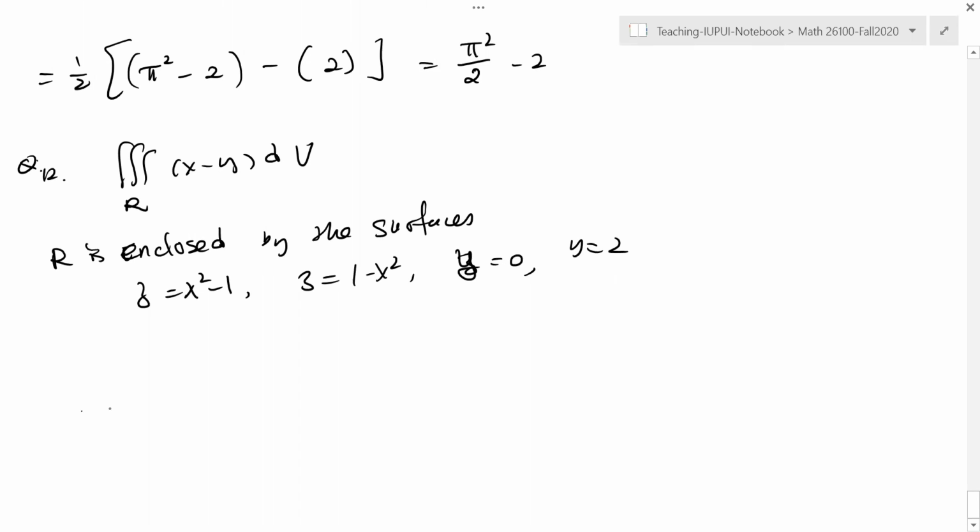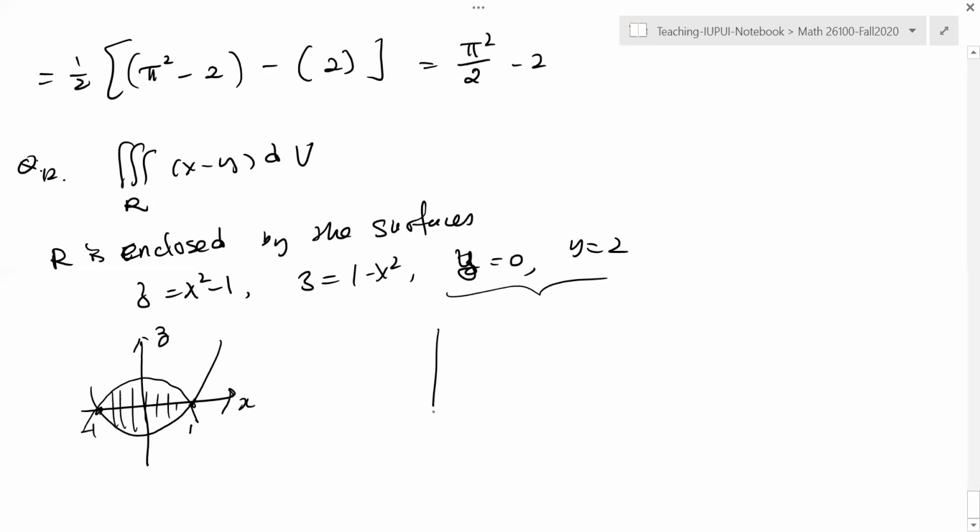I think first of all, we begin with the xz plane. x squared minus 1 is a parabola that opens upward. z equals 1 minus x squared is a parabola that opens downward. They intersect at these two points. So the domain is in the xz plane. Suppose there's no restriction on y, then in 3-dimensional space, how do you do that? This is x, that's z, that's y.